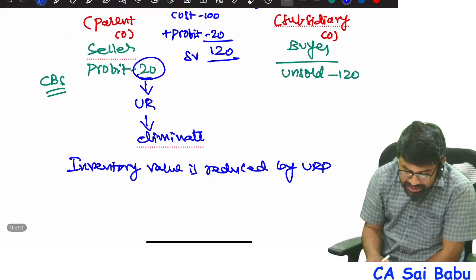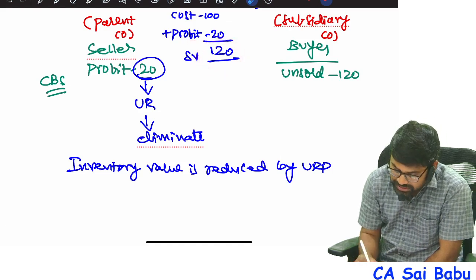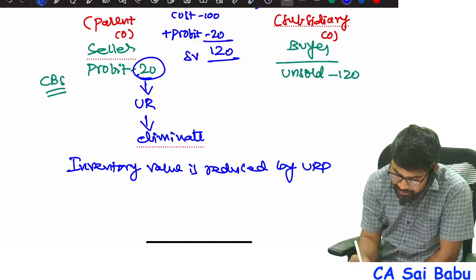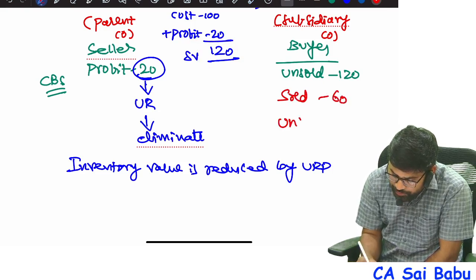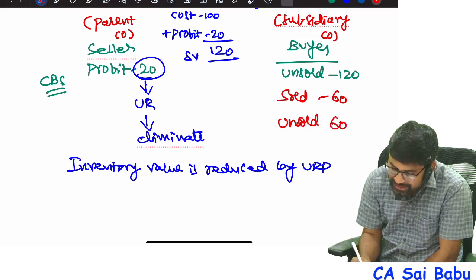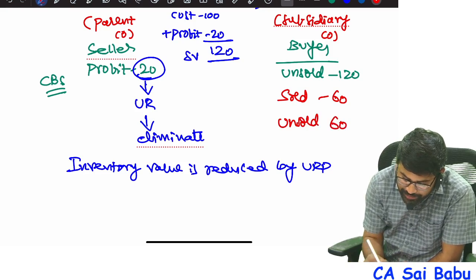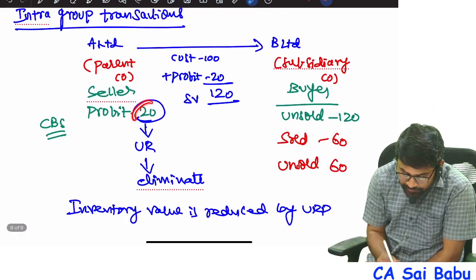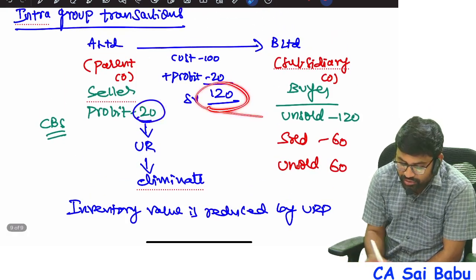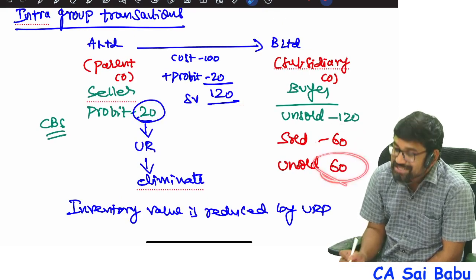Now, my question is, suppose you sold 120 sale value, and the subsidiary company managed to sell 60. That means the unsold portion is 60. So, how much unrealized profit will be eliminated? 10 rupees, because total profit is 20 for 120 sale value. Out of that, 60 is sold and unsold is 60.